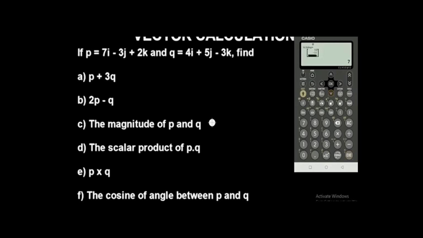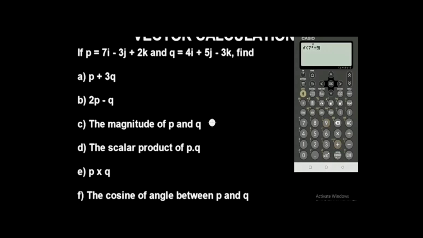Alright, so this will give you the output. So for magnitude of the vectors, let's move this. Now magnitude is something as absolute value. To get the magnitude on this calculator, it's just square root of the square of the vector. So magnitude of vector p will be square root of 7 square. Alright, then minus 3 square is something as 9, because minus 3 times minus 3 gives you 9, so just put plus 9.